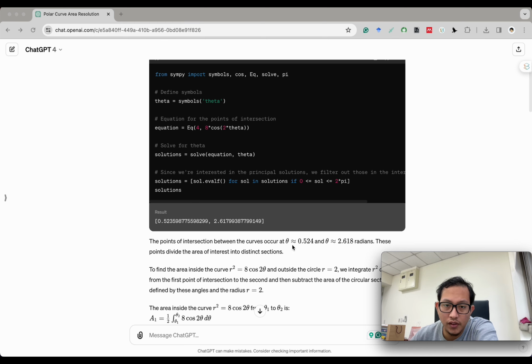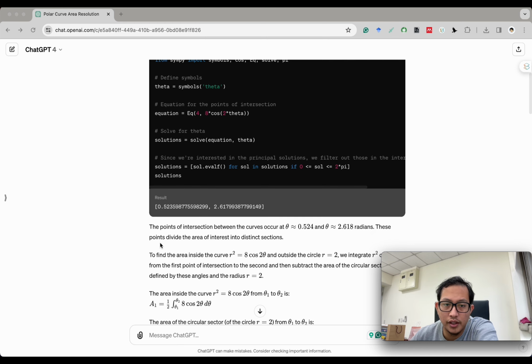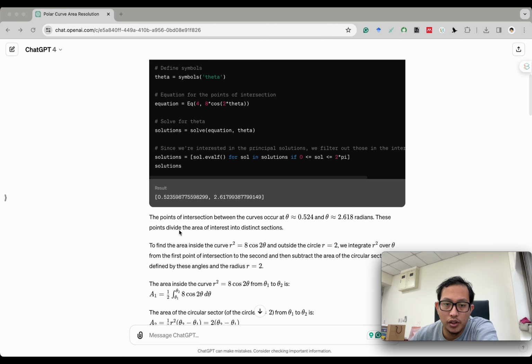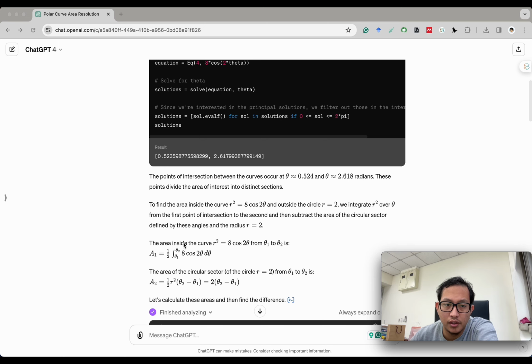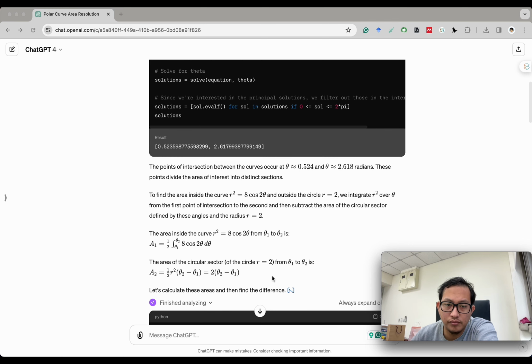The next step is ChatGPT computing these points inside the formulation for the area. So far so good, nothing's wrong. First, ChatGPT computes the lemniscate area using theta, and then it computes the subtracted area, which is the sector from the circle.